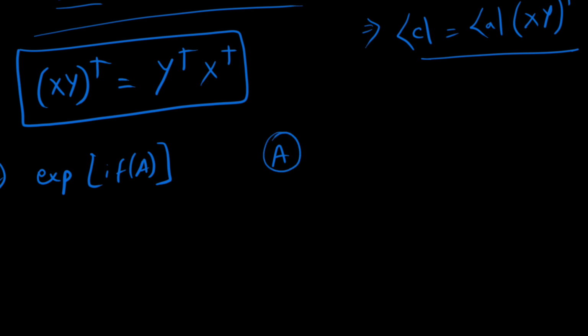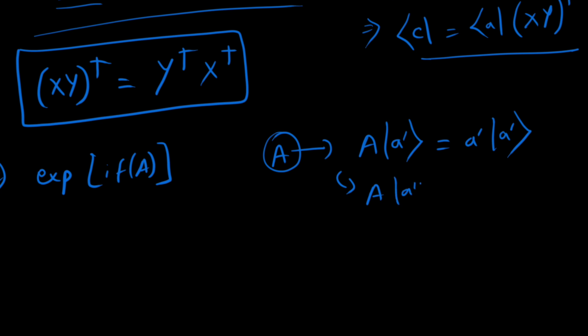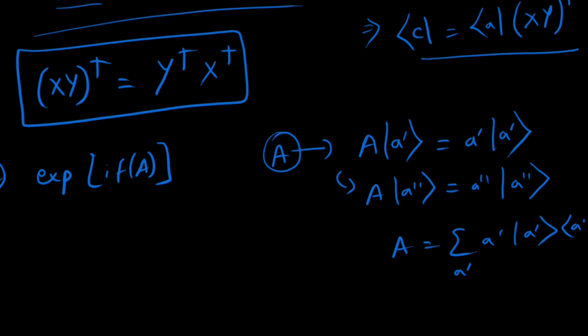So A is such an operator, like if A acts on some A prime, it will give us some eigenvalue A prime and the state A prime back. And similarly, if there is another A double prime, it will give us A double prime, that is the eigenvalue, and the state A double prime. So we can write A like the summation of A prime, the eigenvalue, times the ket A prime and bra A prime. We can express A like this.